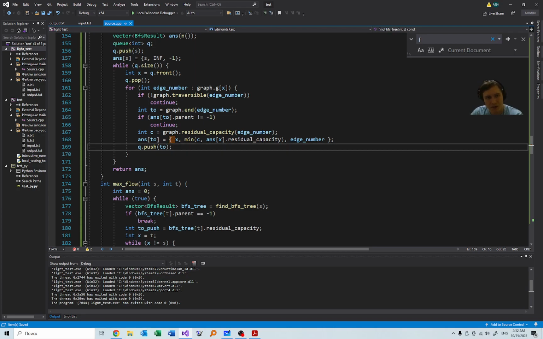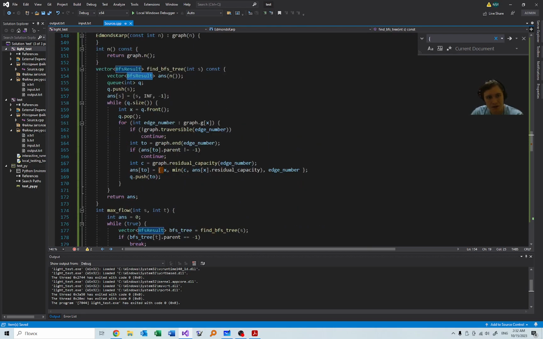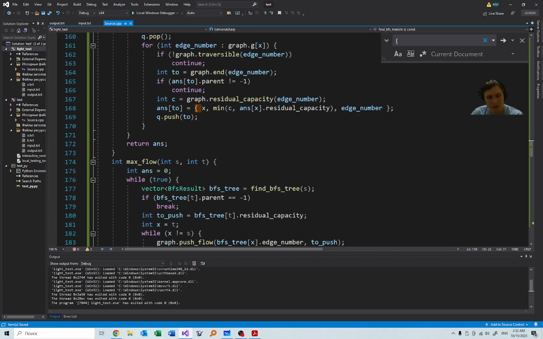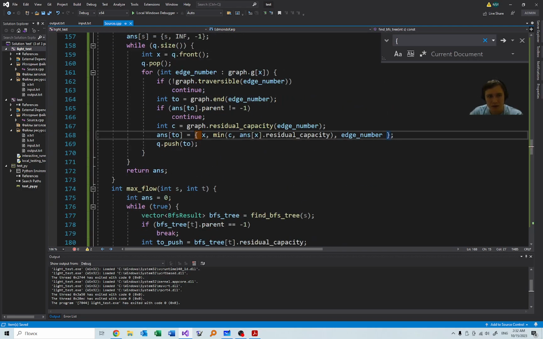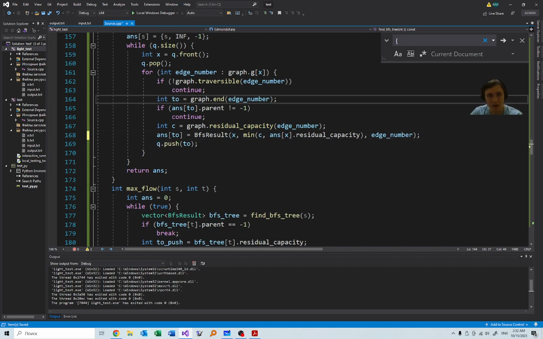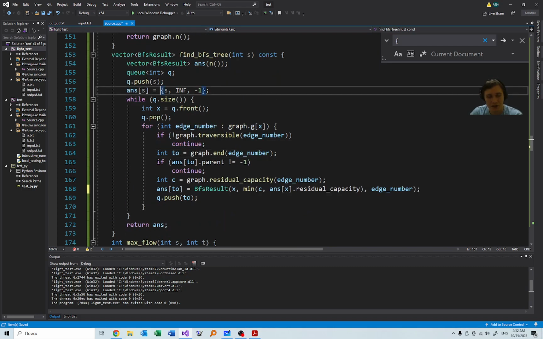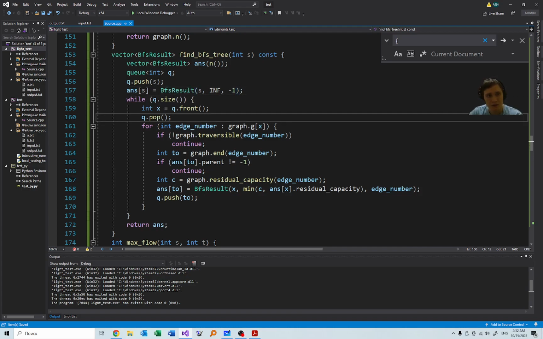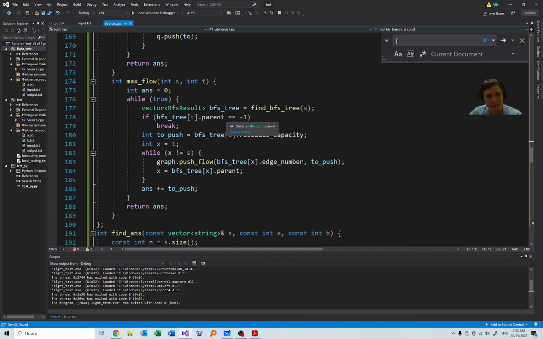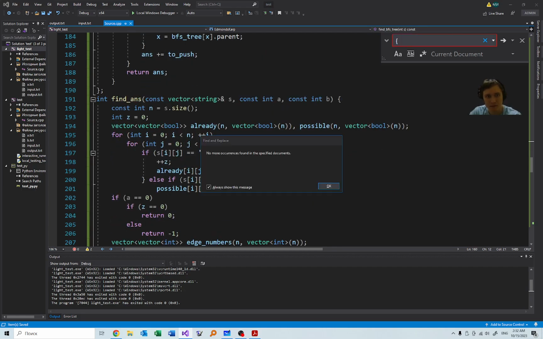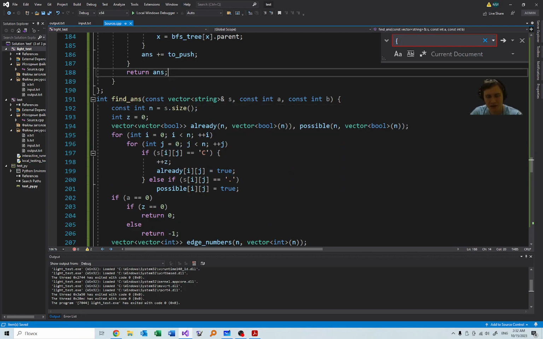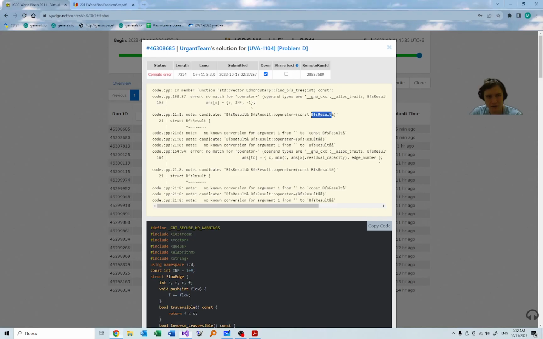So here, for example, we cannot do it. We need to run a constructor. Here we need to run a constructor. Okay, I guess now it's clear.